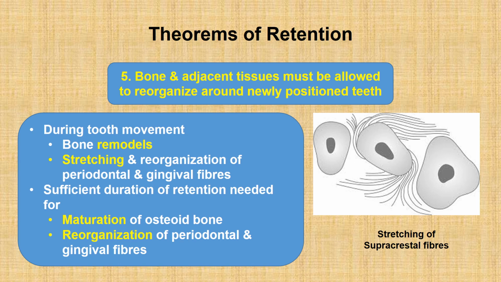Now, sufficient duration of retention needs to be given for the maturation of the osteoid bone into adult mature bone, and also the retention allows reorganization of periodontal and gingival fibers.